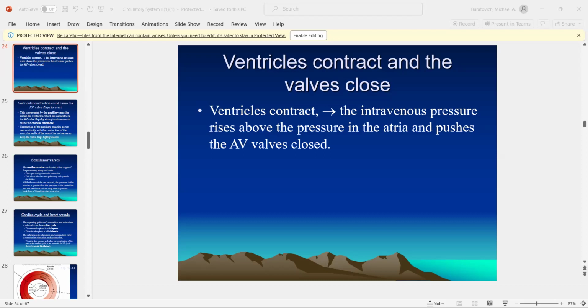Then calcium is brought back into the sarcoplasmic reticulum by SERCA, the sarcoplasmic endoplasmic reticulum calcium ATPase. It pumps it right back in very rapidly.